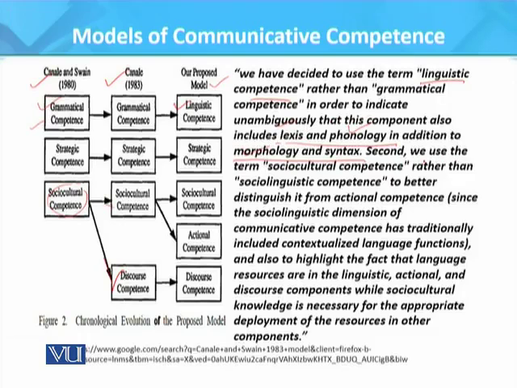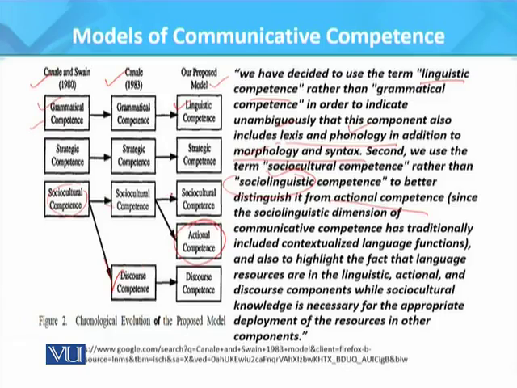They say, second, we use the term sociocultural competence instead of sociolinguistic competence to better distinguish it from actional competence. So they introduce actional competence in order to distinguish it from sociolinguistics.